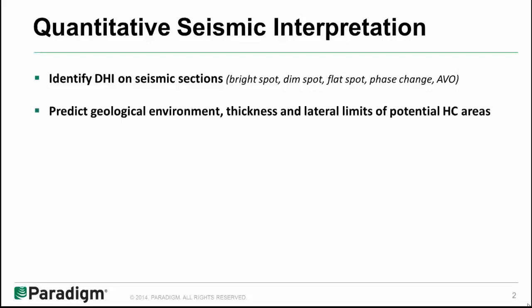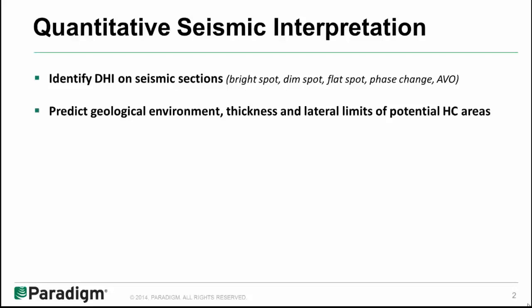The ultimate objective is to accurately predict the geological conditions that have caused these characteristic geophysical responses, and it is also possible to predict the presence, the thickness, and lateral limits of potential hydrocarbon areas in the reservoir.